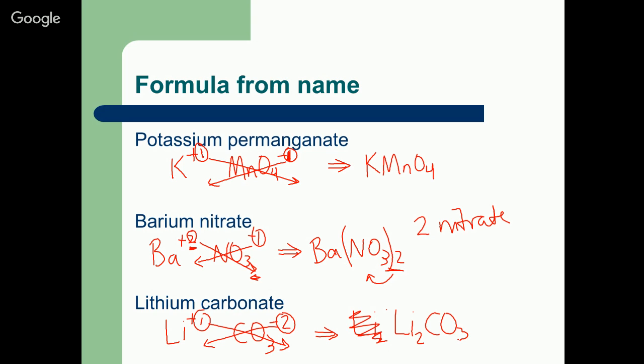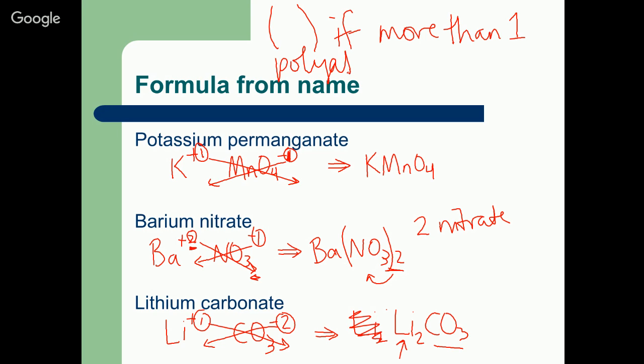Because there is only one CO3, we need no parentheses. So again, we use parentheses if there's more than one polyatomic ion present.